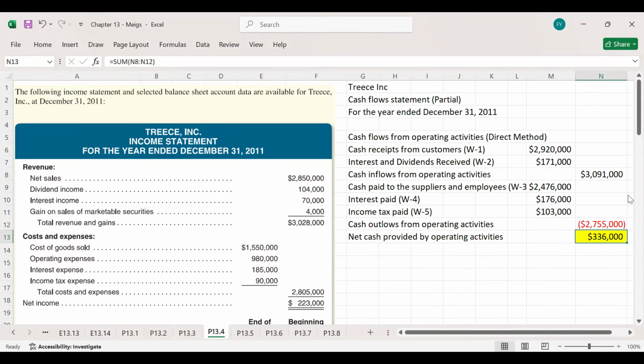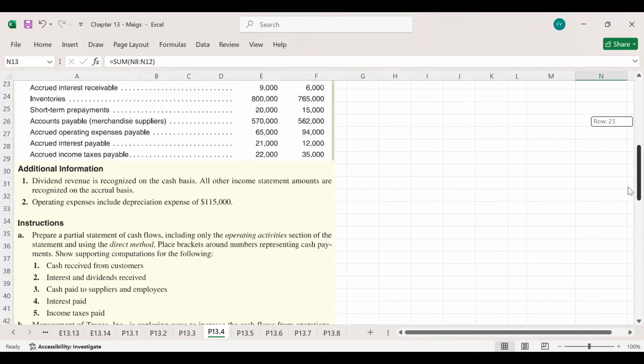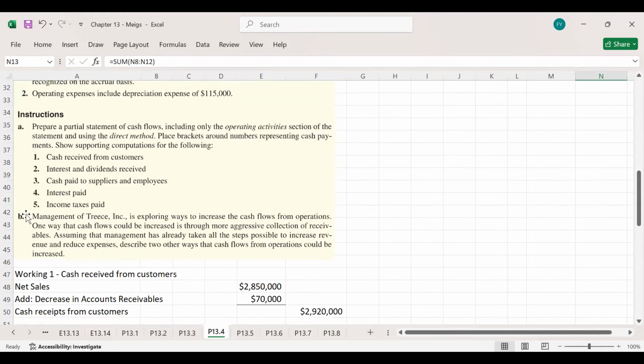Here we have another requirement remaining. Here B part, management of the company is exploring ways to increase cash flows from operation. One way that the cash flow could be increased is through more aggressive collection of accounts receivable, obviously, assuming that the management has already taken all the steps possible to increase revenue and reduce expenses.